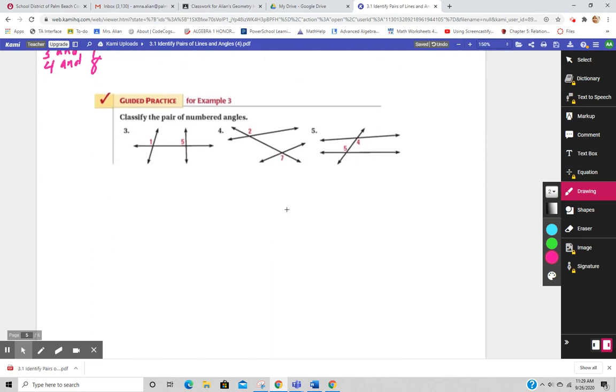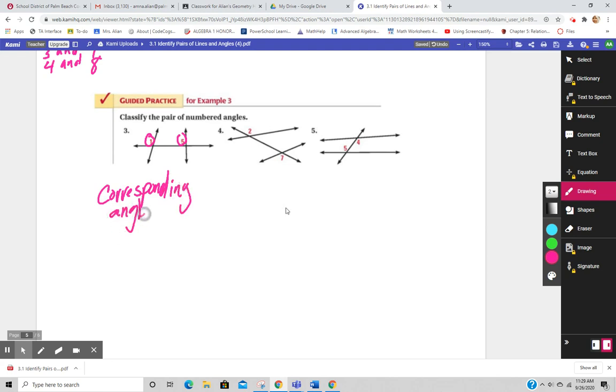All right, so let's get some practice. Classify the pair of numbered angles. Let me circle angle 1 and angle 5. They are what? Corresponding. That is correct.